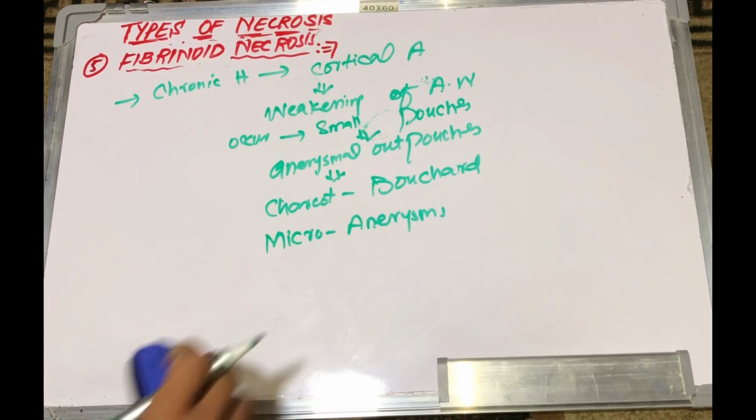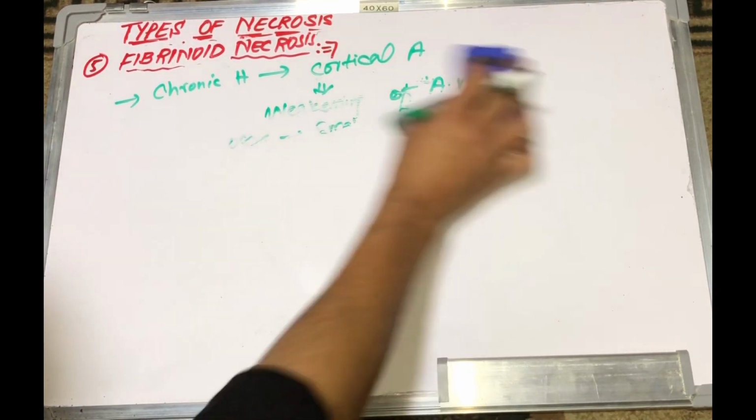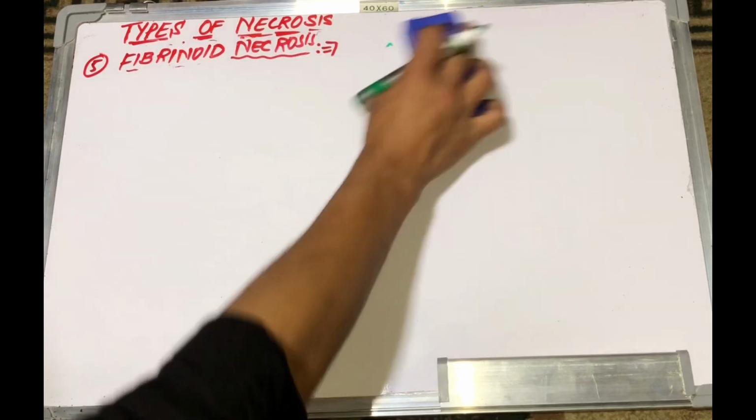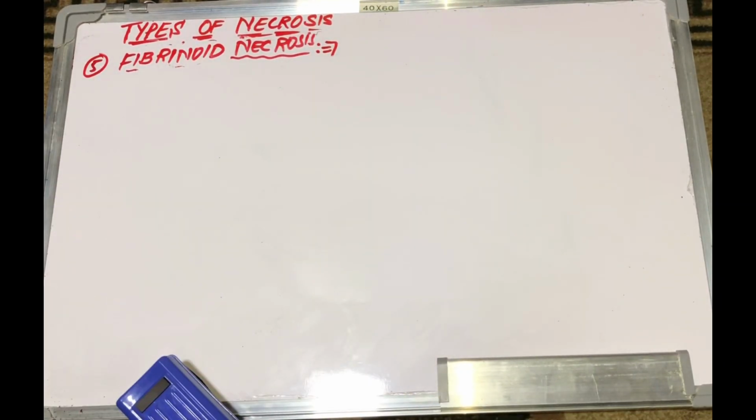So this is how chronic hypertension causes fibrinoid necrosis.